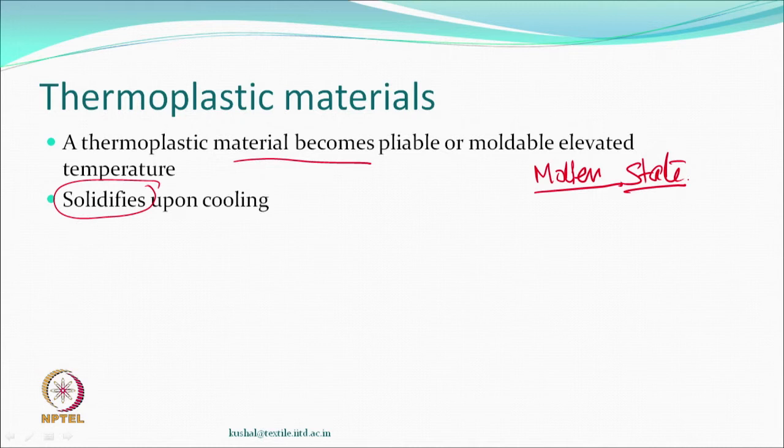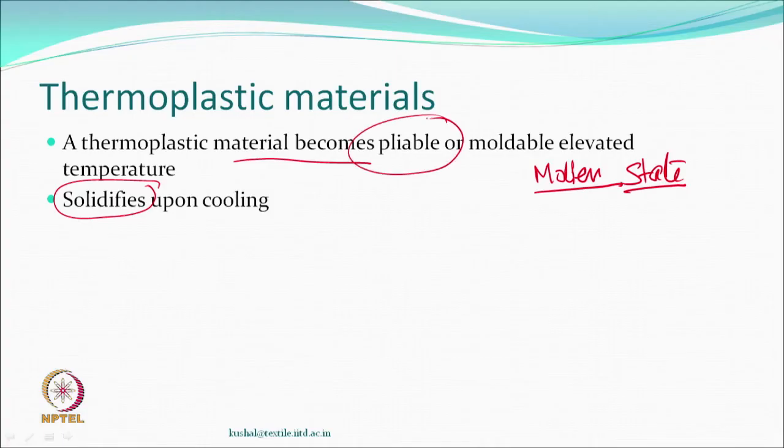So, if we do take it to a molten state, the shape will be completely lost. For example, if there is a fabric and I take it to its melting temperature, it will be liquid. So, there will be no fabric, right. So, while we will like it to become pliable, we would not like it to get melted, right.